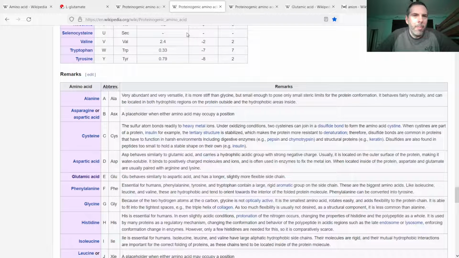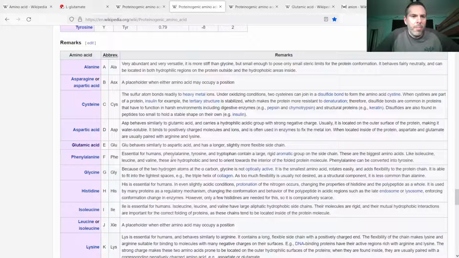On the same page, proteinogenic amino acids, it gives a nice little description of each one. So glutamic acid behaves similarly to aspartic acid and has a longer, slightly more flexible side chain.